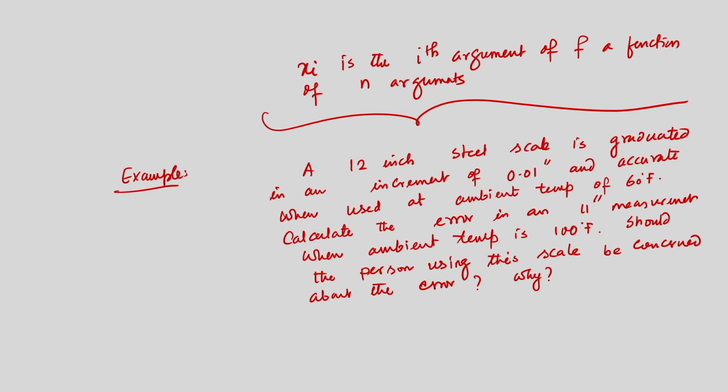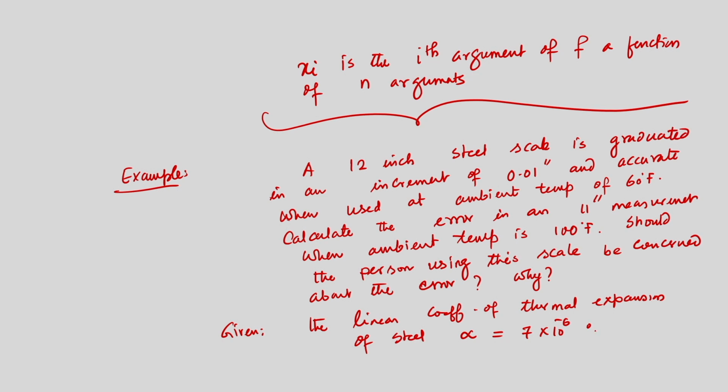One hint is given: the linear coefficient of thermal expansion of steel, alpha, is 7 into 10 power minus 6 per degree Fahrenheit. So, this is given.